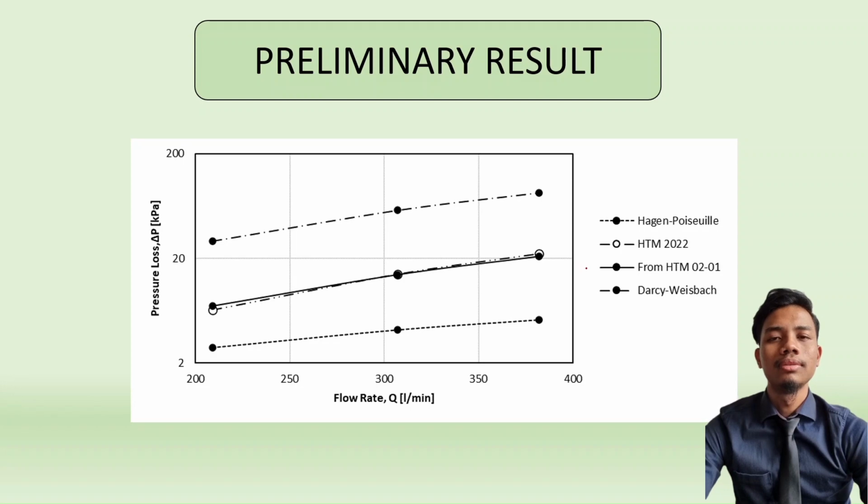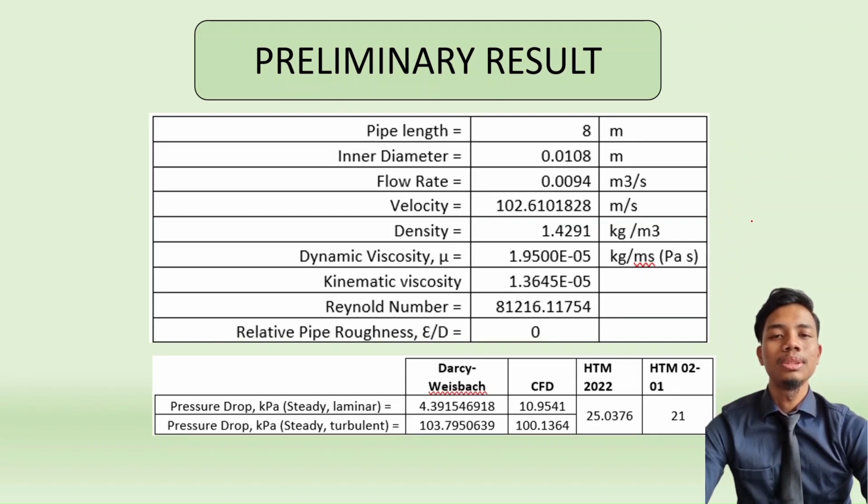According to the graph, the results of both Darcy-Weisbach and Hagen-Poiseuille show an identical trend compared to the data from HTM-0201. After that, a CFD verification is performed to validate the data from HTM and the analytical calculation, which is calculation using Darcy-Weisbach, with that CFD result.